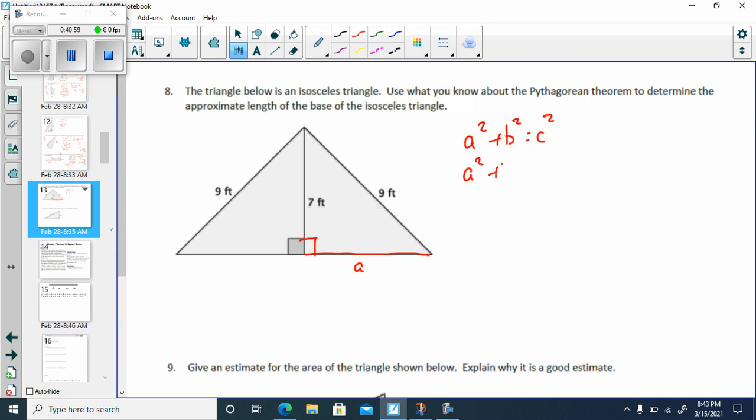A squared plus 7 squared is equal to 9 squared. A squared plus 49 is equal to 81. Okay, let's subtract 49 from 81. That would give me 32.